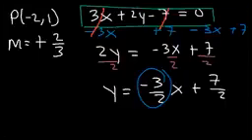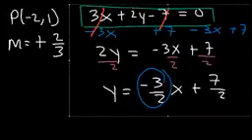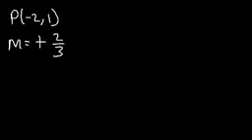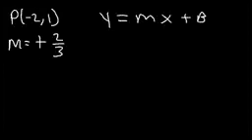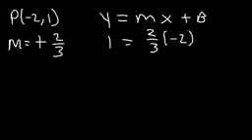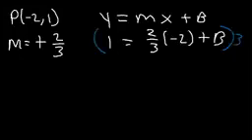So now that we have the point and the slope, we can write the equation. So let's use the slope-intercept form equation. So let's replace y with 1, m with 2/3, and x with negative 2. Now to get rid of the fraction, let's multiply everything by 3.